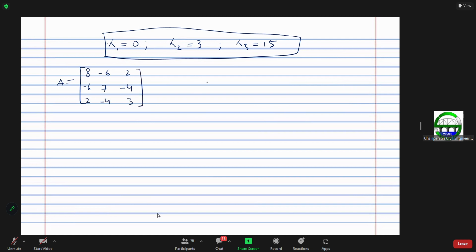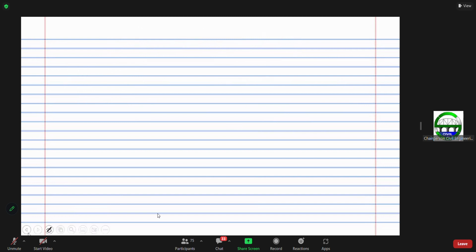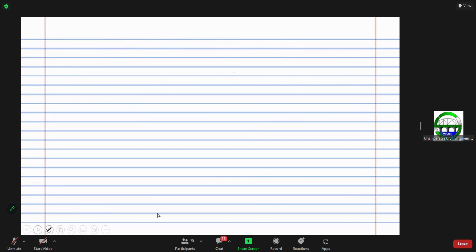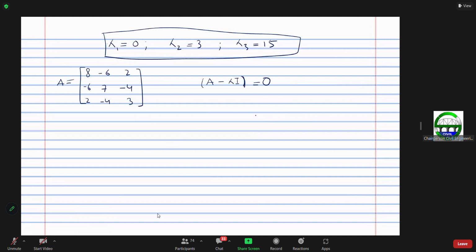And then my equation was A minus lambda I equals 0. So we will put the lambda values one by one and calculate in here: lambda equal to 0, lambda equal to 3, lambda equal to 15, and we will solve it one by one.